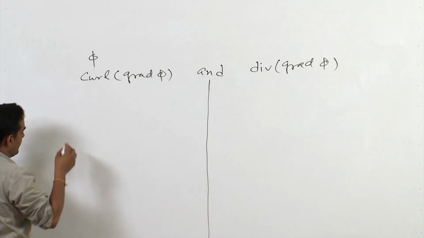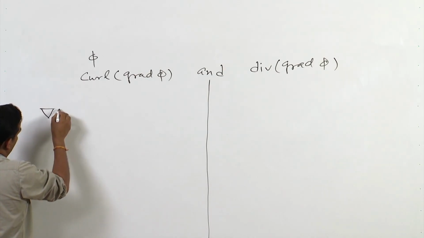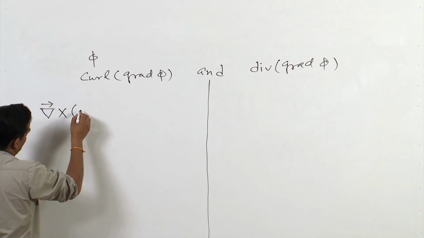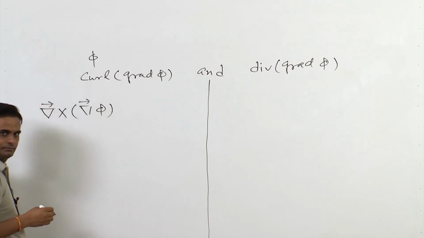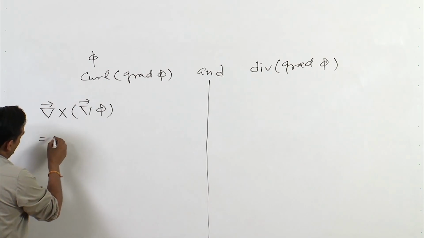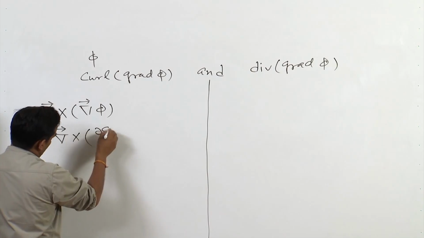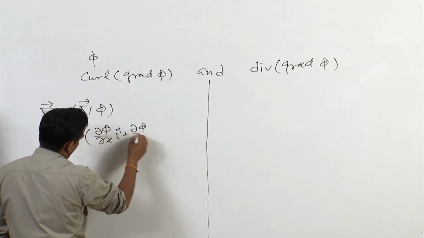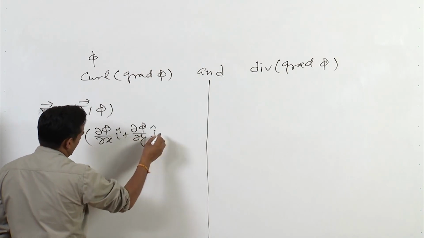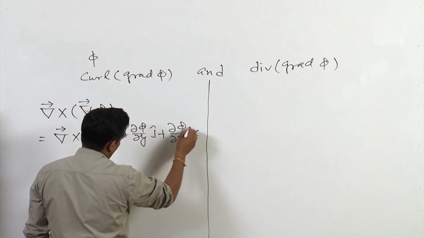So curl of grad phi is given as del cross del phi. This will be del cross (del phi over del x i plus del phi over del y j plus del phi over del z k).